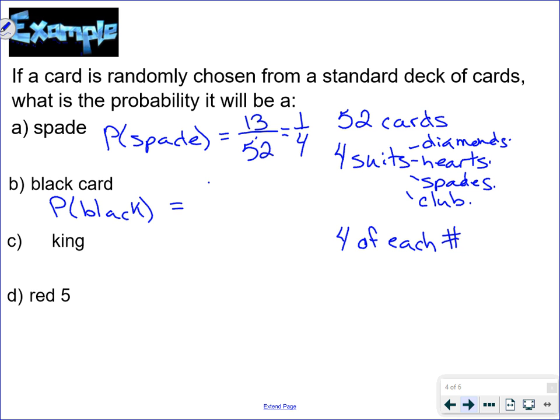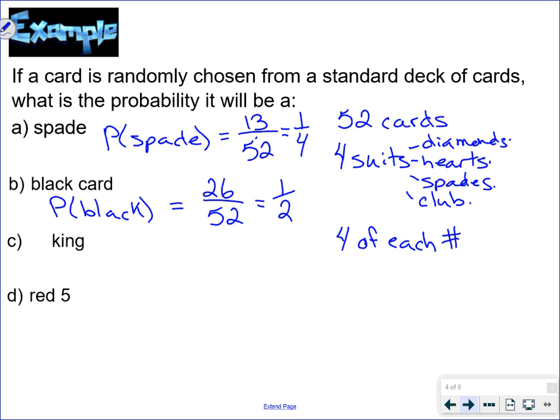So there are 26 black cards out of the possible 52 cards. Put this into lowest terms, and we get 1/2. So half of the cards are black, and you will choose a black card 1 out of 2 picks.